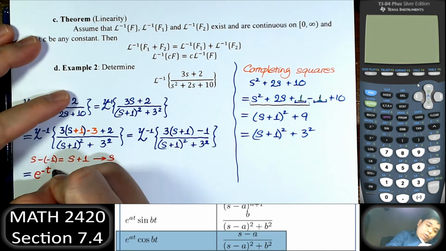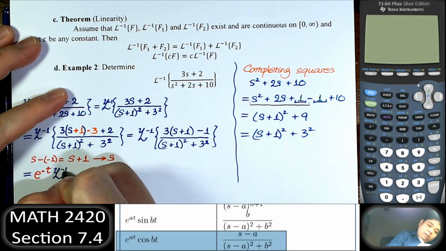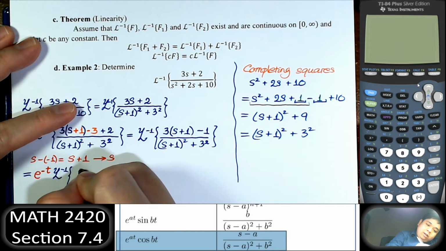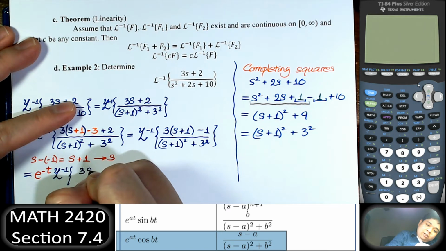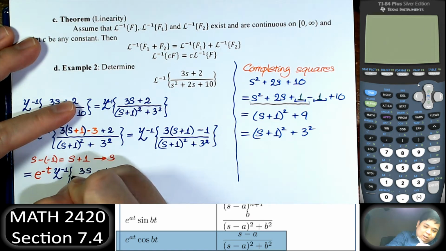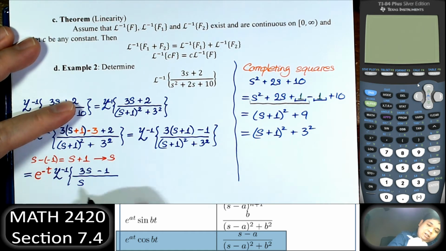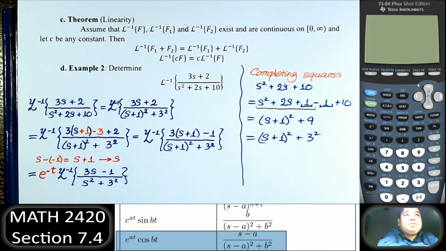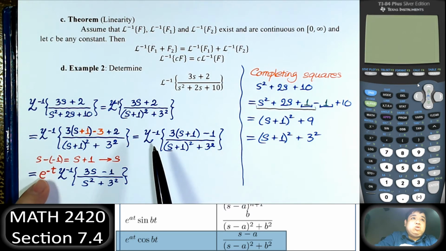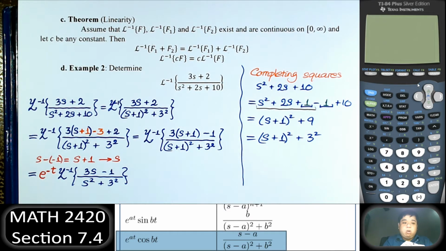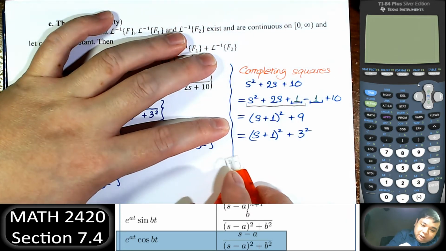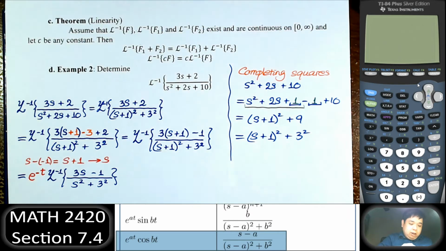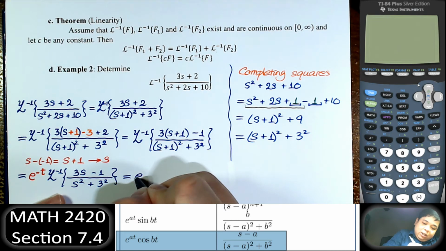In that case, we will just have 3s minus 1 over s squared plus 3 squared. So replace s plus 1 by s by multiplying by e to the negative t. So that is the transform that we need. Right. Now we have e to the negative t.